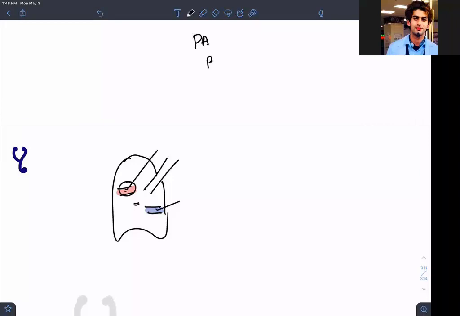So what is the contribution? This is behaving as 1/3, this as 1/3, and this as 1/3. So pulmonary artery 1/3, pulmonary vein 1/3, and pulmonary capillaries 1/3. Is this the case in the systemic vasculature? No, sir. In the systemic vasculature, we have arterioles who are majorly contributing.